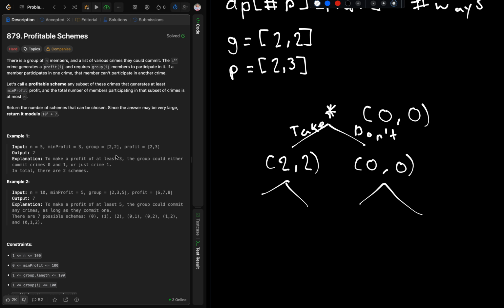Also in this problem, I didn't explain it, but we have to have less than or equal to n people. So we can't have 6 people involved in the crime. So that's a base case.